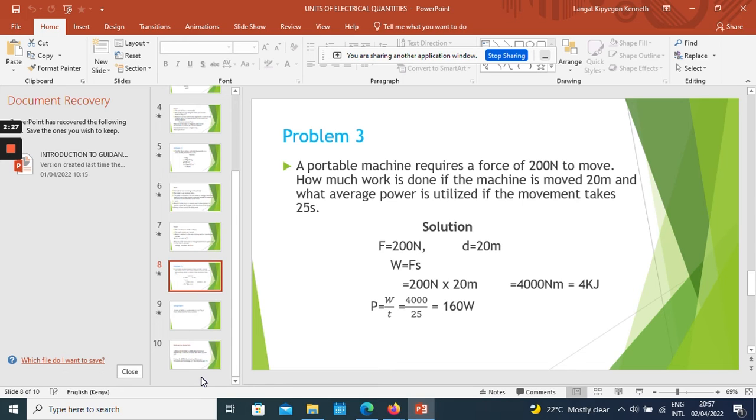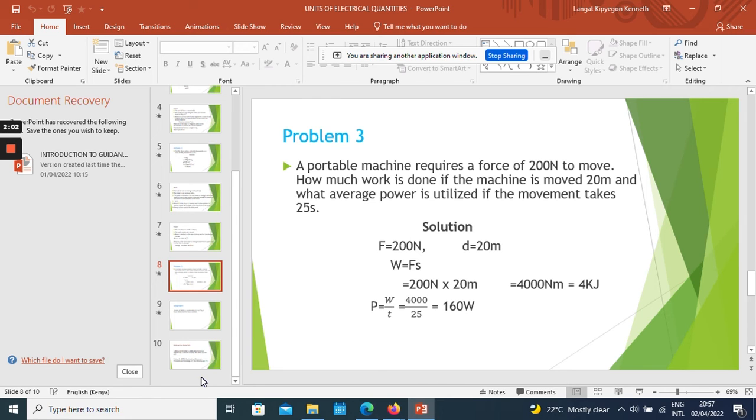We apply the formula. Work is given by the product of what? Force and distance. And we have force as 200 newtons, and we have our distance as what? 20 meters. So when we do the product, we have 400 newton meter. When we do the conversion, it is the same as 4 kilojoules.